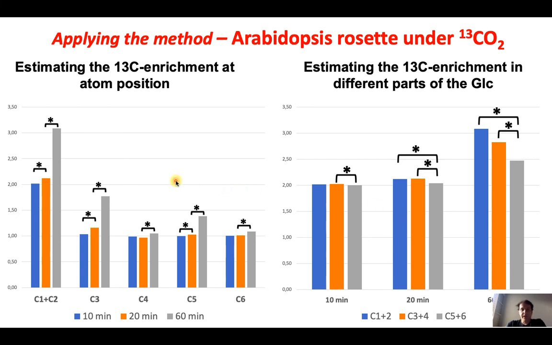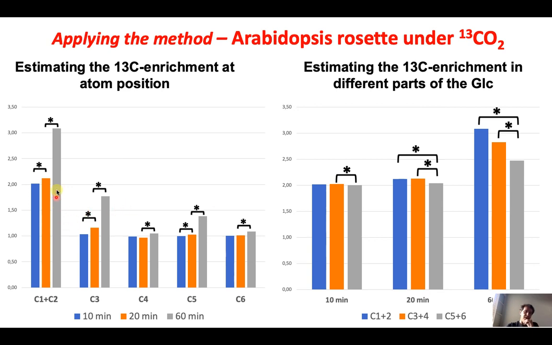So we took the data and applied this approach. This is the data from Marek, Rhabdops rosettes under 13CO2. One interesting thing that we can see is that carbon 1 and 2 again showed a higher intensity over time. So you get more enrichment in carbon 1 and 2 compared to carbon 3 and 4, and also carbon 5 and 6.